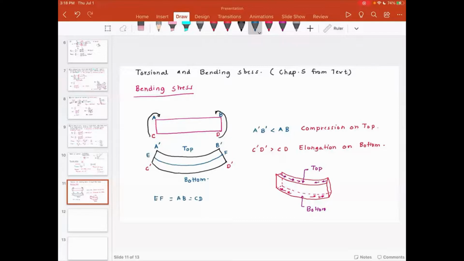So in other words, there is going to be one plane or one fiber whose length is not going to change from the initial undeformed length. And that is called the neutral axis. Why is it called the neutral axis? Because it does not deform.